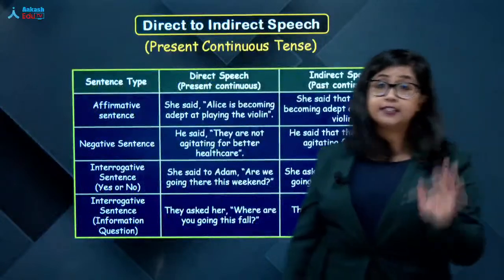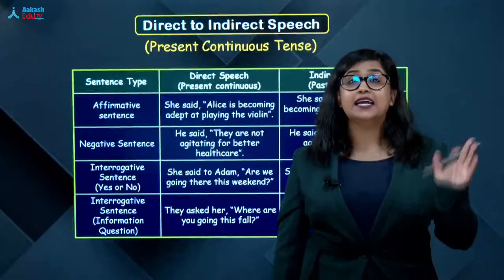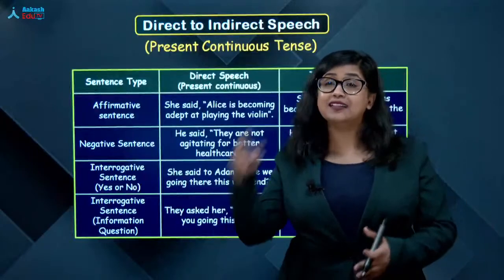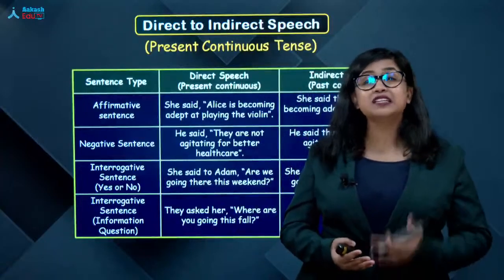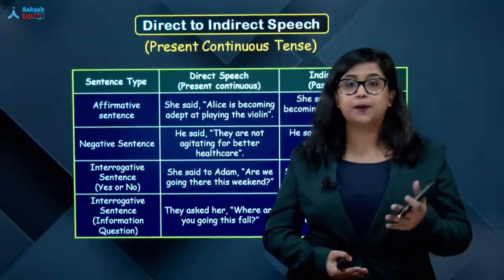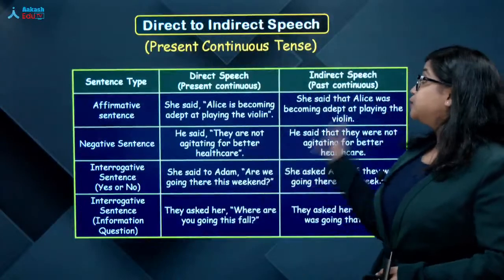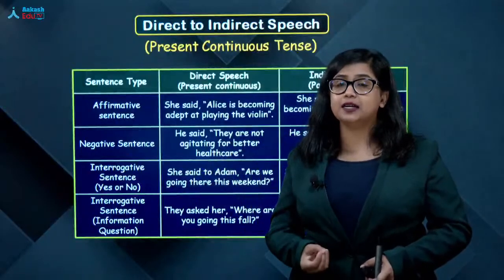Now, let us move ahead and let us have a look at the next type of tense. So, if you remember in the last class, I had told you how to change a direct speech simple present tense sentence into an indirect speech sentence. Alright. So, now moving on to your present continuous tense. First of all, how do you frame a present continuous tense?